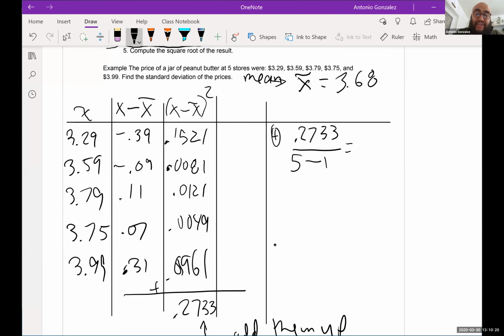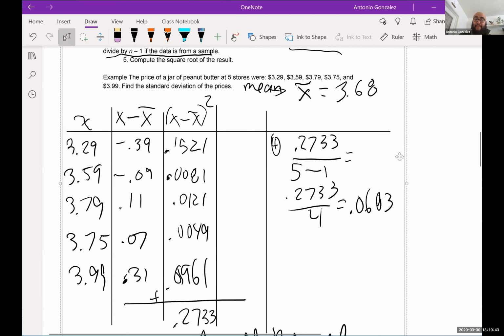So the calculation that I'll perform is 0.2733 divided by 4. Plugging that into my calculator, we get 0.0683. All right, and I'll round to the 4th decimal place.